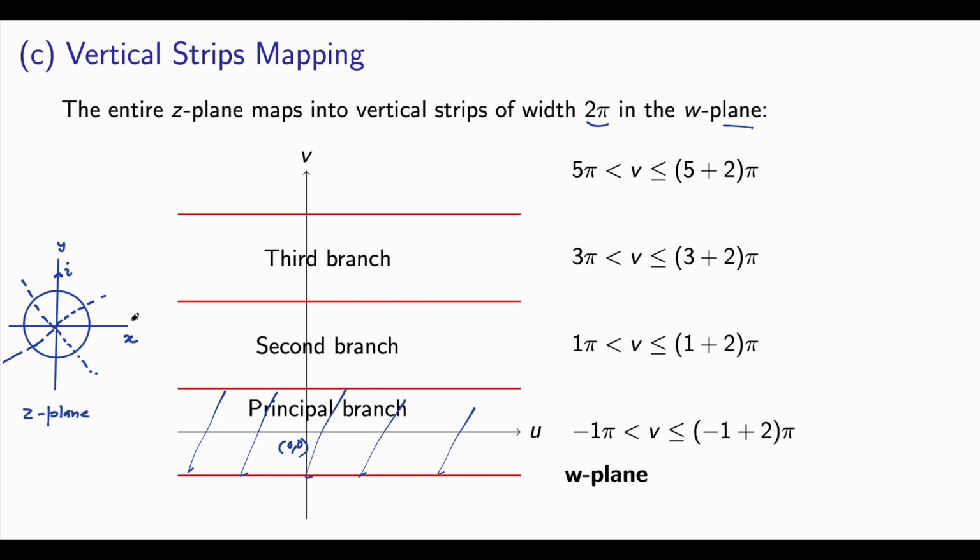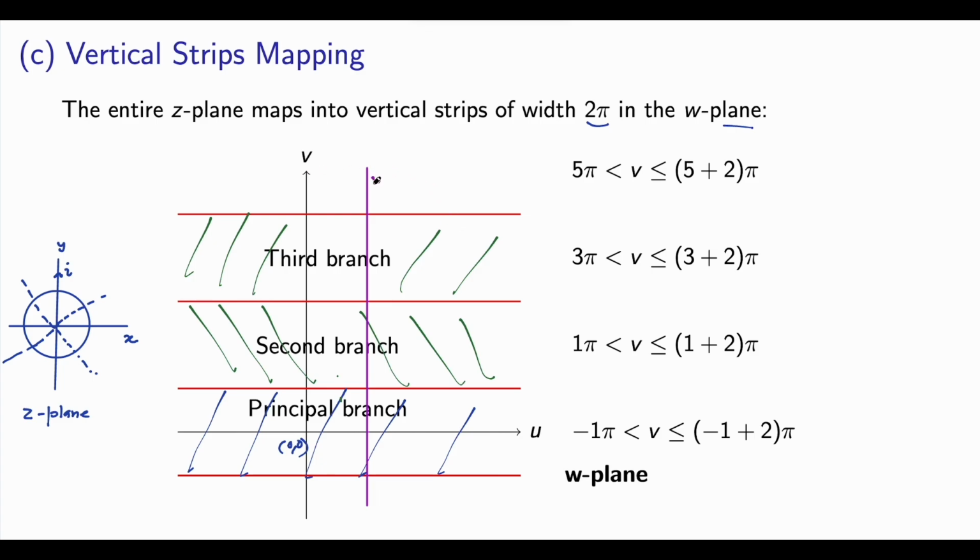If we consider another sheet, the second branch, if we rotate, and another sheet, the third branch, and so on. These rays are going to be parallel lines, and these circles will map to the horizontal lines, which we have seen already.